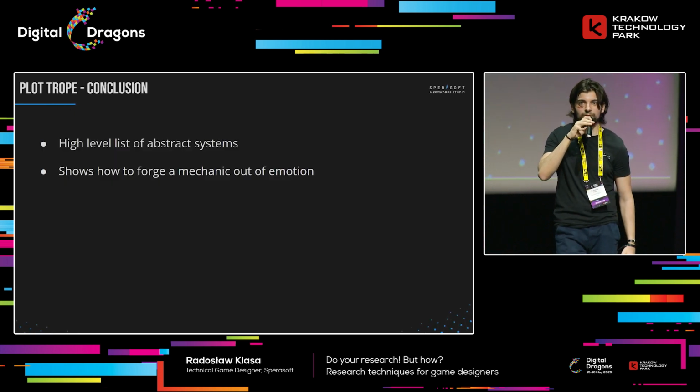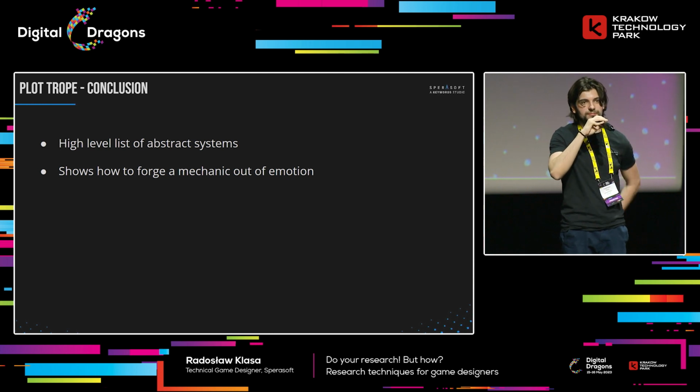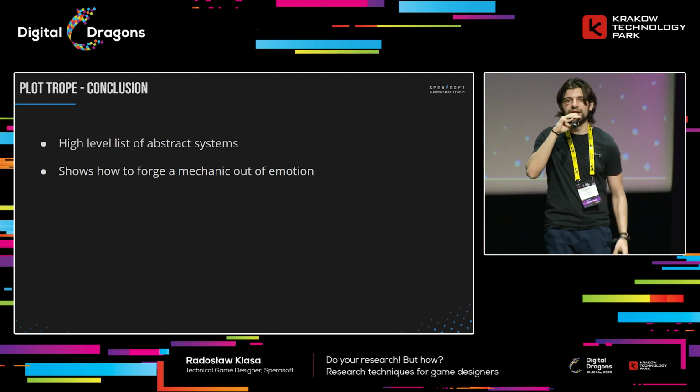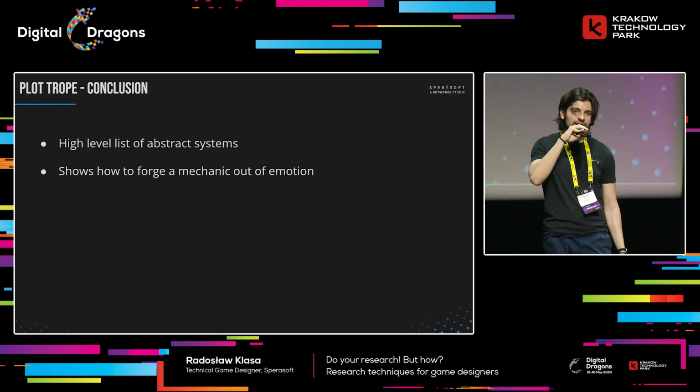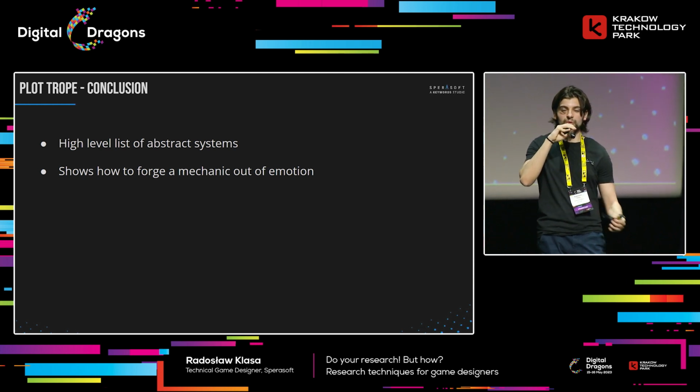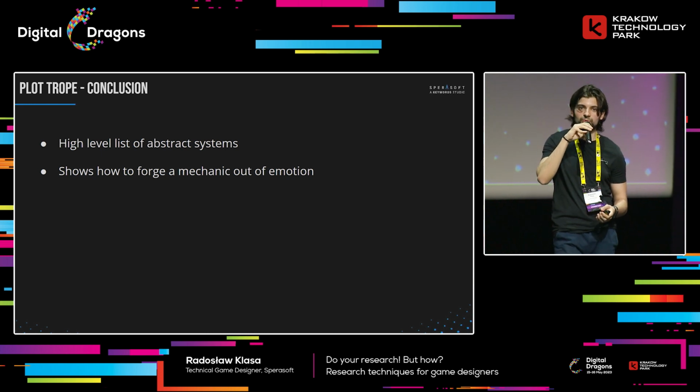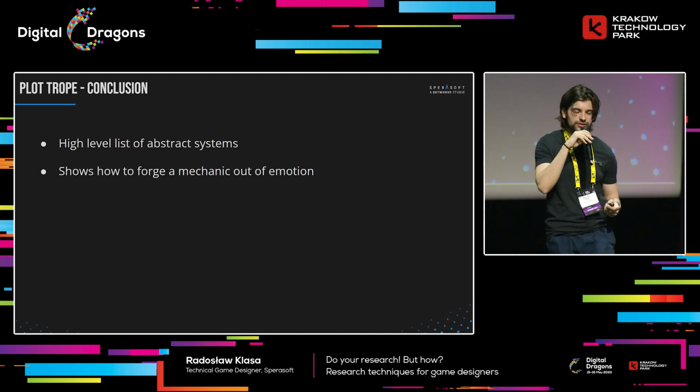So the plot trope is a useful, high-level abstract system that we're going to have in our game, and with that information, we are getting more of a pool of different references that we can use for creating our own game.